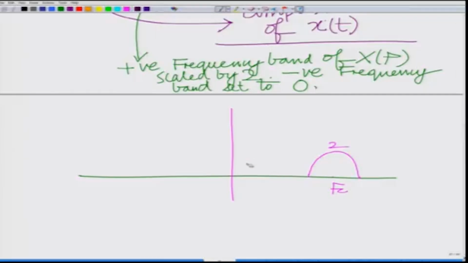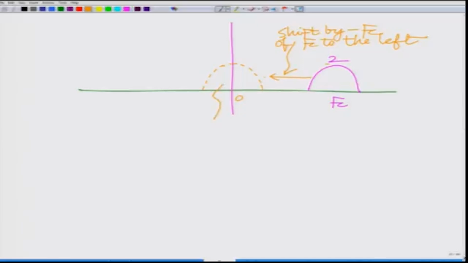If I take this and shift it by minus Fc, or Fc to the left, this will be a complex baseband spectrum.